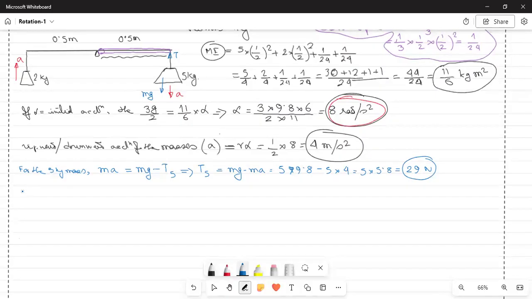For the 2 kg mass, there is also a tension T. Here the equation is tension T2, the tension in the 2 kg mass, T2 minus 2g, because T2 acts upward and 2g acts downward, is equal to 2A. Acceleration is upward, because it moves upward.